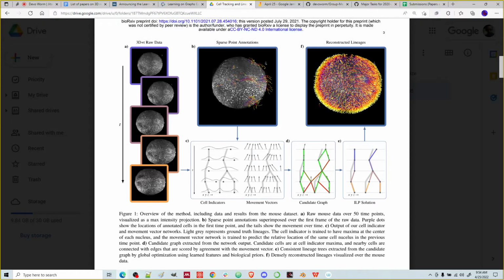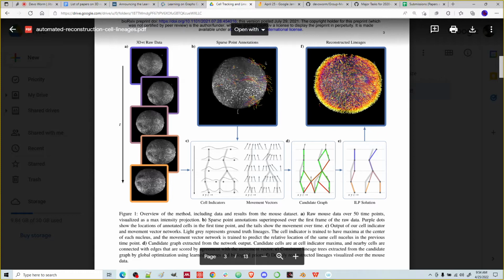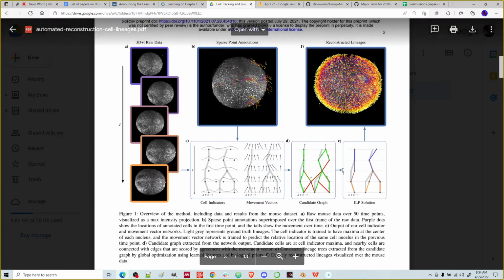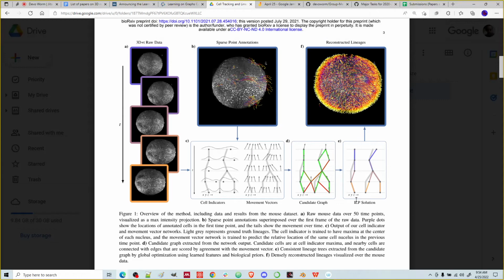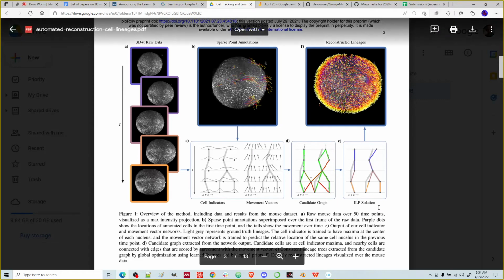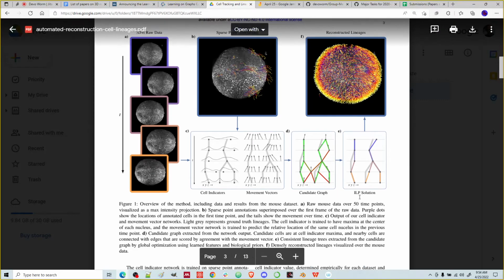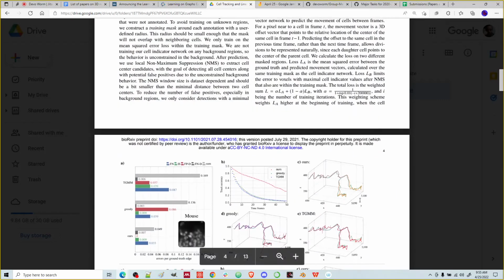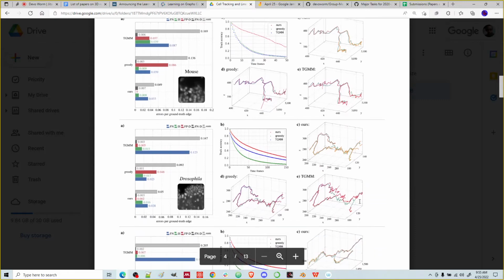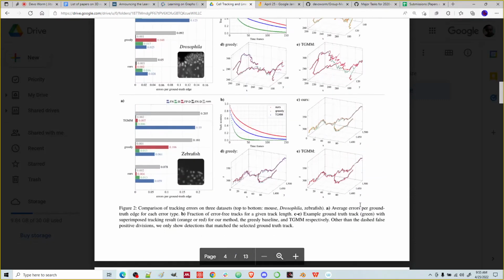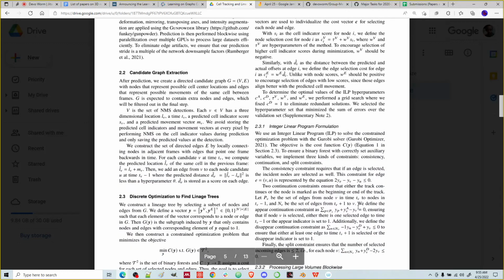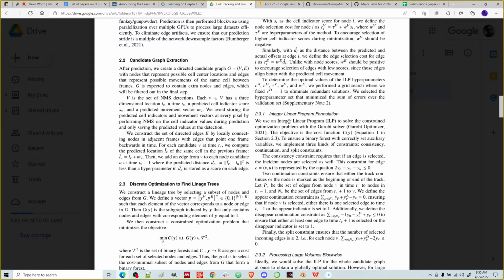But then they take the movement vectors, which are the way the cells are migrating around, and they integrate those into this sort of graph reconstruction. And then they have this ILP solution, which is an optimization technique. So they're actually able to trace out some of these lineages and things like that. ILP is integer linear program.